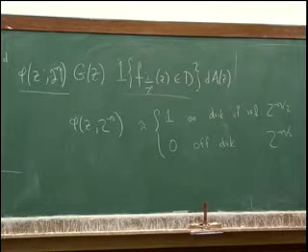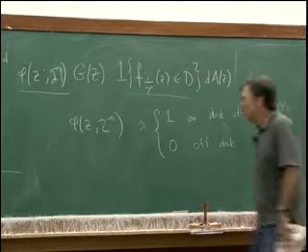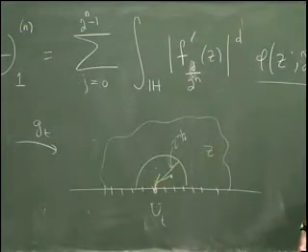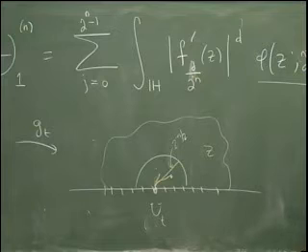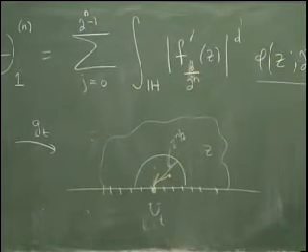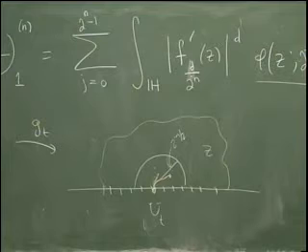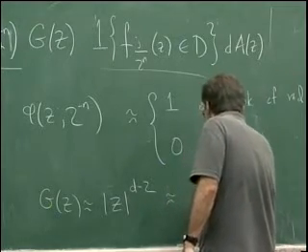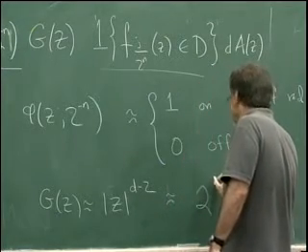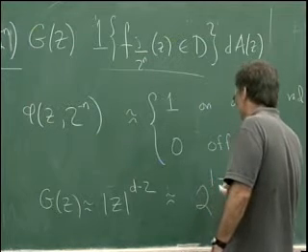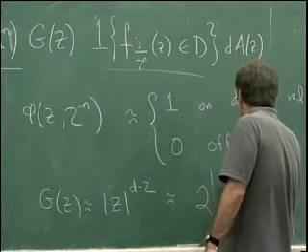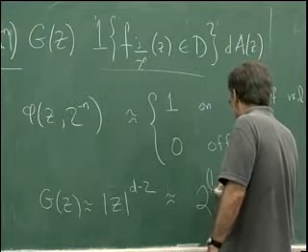For a typical point here, g of z tends to be about z to the d minus 2, which is 2 to the one minus d over 2.